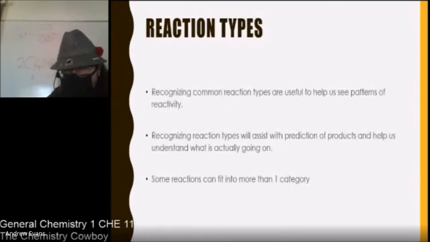Okay. One of the things we'll do in this chapter is learn some reaction types. If you can recognize these common reaction types, you can learn a little bit about and predict what the products are and understand what's actually going on. Eventually, we will get to talking in depth about 3 major reaction types, which will be oxidation reduction, acid-base chemistry, and precipitation reactions.